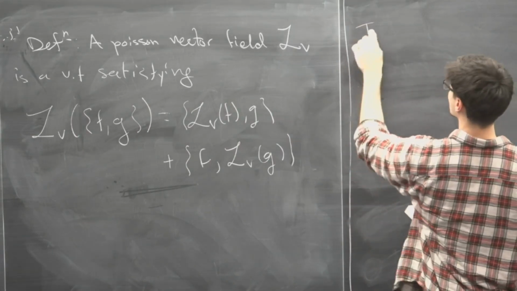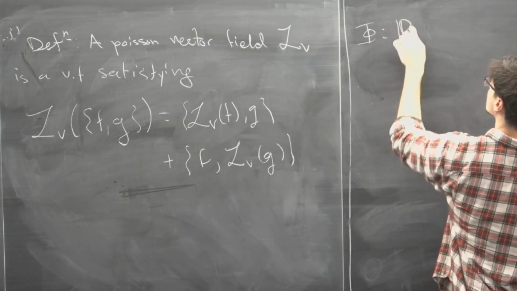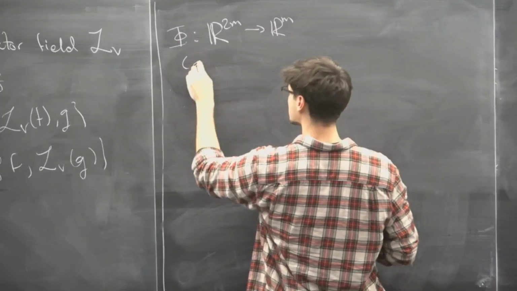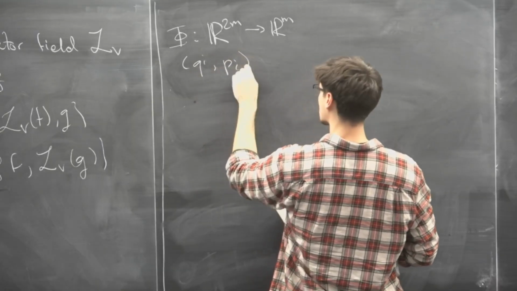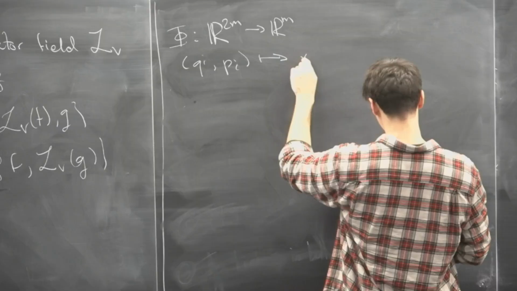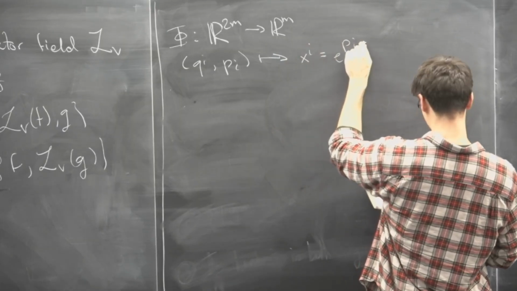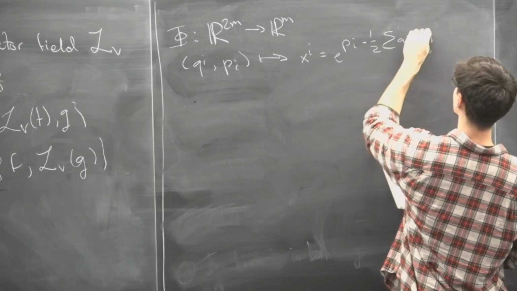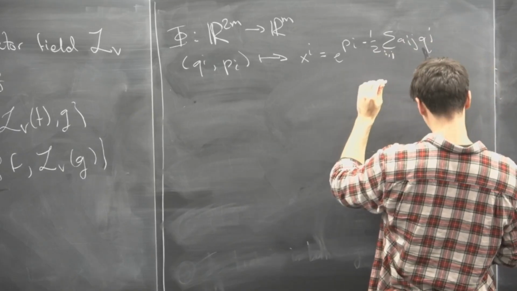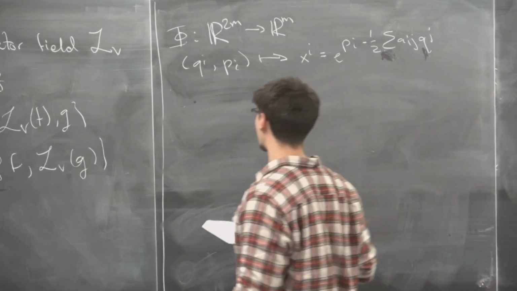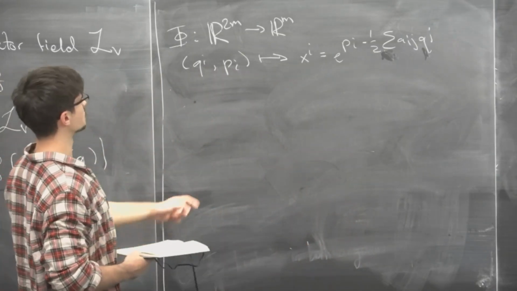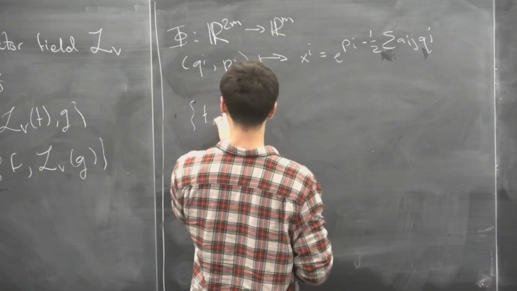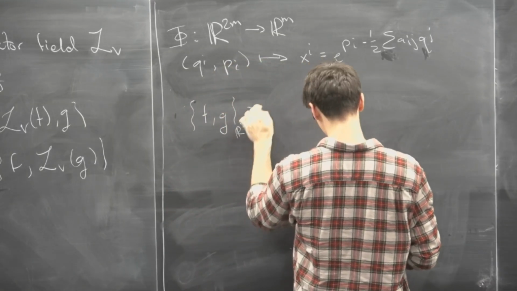So let's consider the map sending the coordinates qi to pi minus something. It looks a little funky, but this is the standard Poisson bracket on R^2m, the one that we see all the time in quantum mechanics.